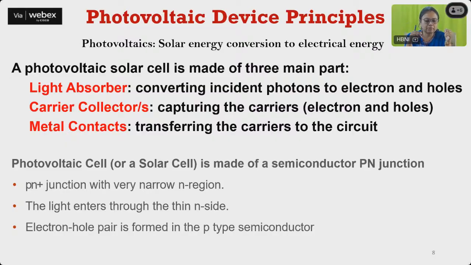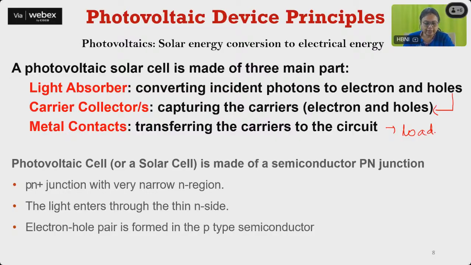Then there has to be a carrier or collector region, which captures and carries the electron and hole. Metal contacts are used to carry it forward to the circuit so that it goes to your load, and the circuit is complete.